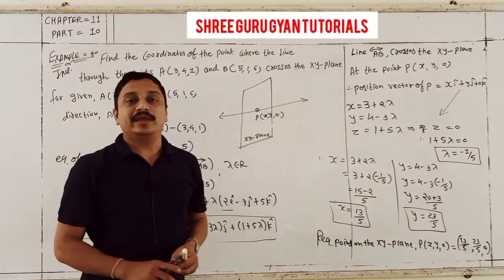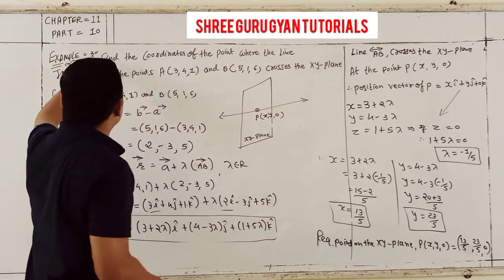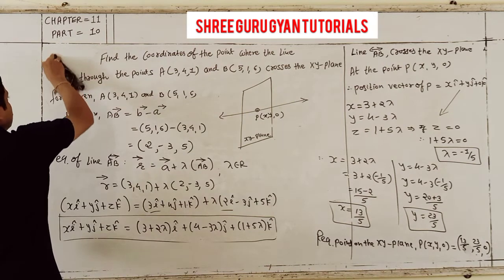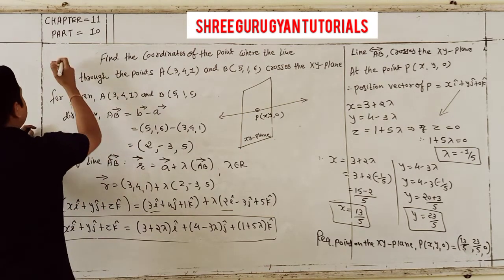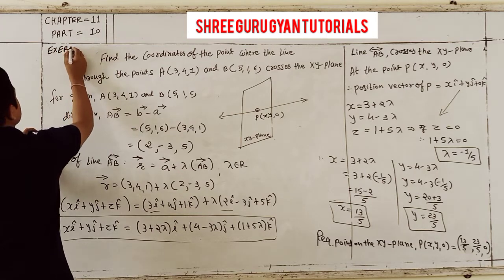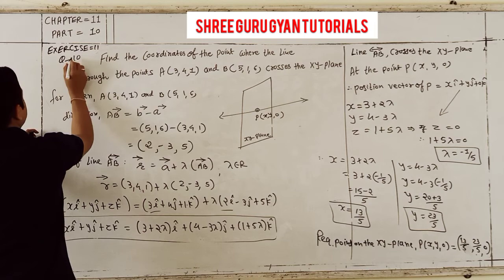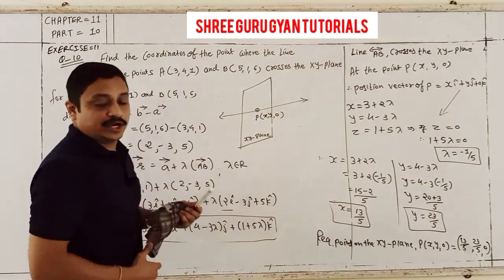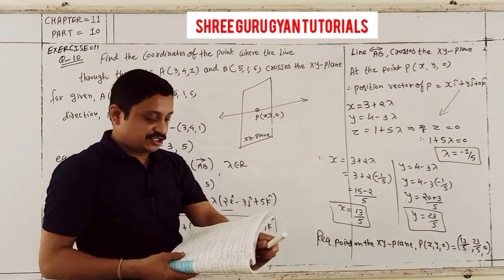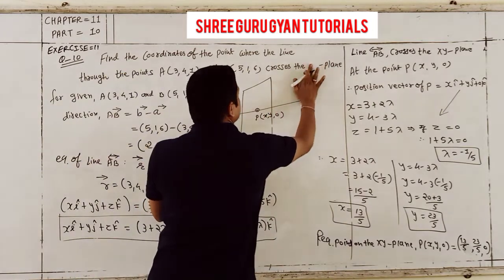Now after that I go to Exercise 11, related to the same questions, combining Example 30 with question number 10 and question number 11. Just only the plane changes. So Exercise 11, question number 10: find the coordinates of the points of intersection with the YZ plane. Yes, only this change.